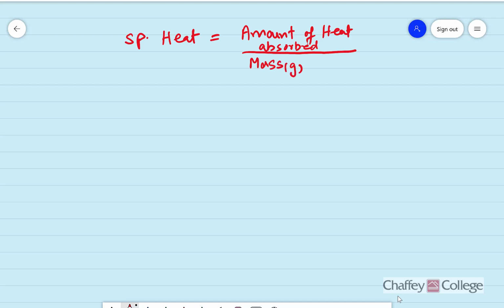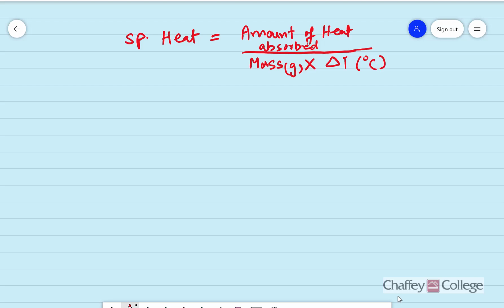So specific heat is equal to the amount of heat absorbed divided by the mass of any object, and this mass must be in grams, multiplied by delta T, and delta T must be in units of degrees Celsius.